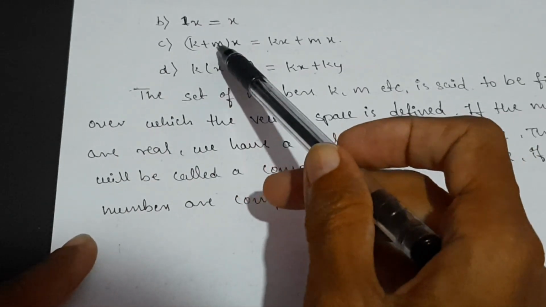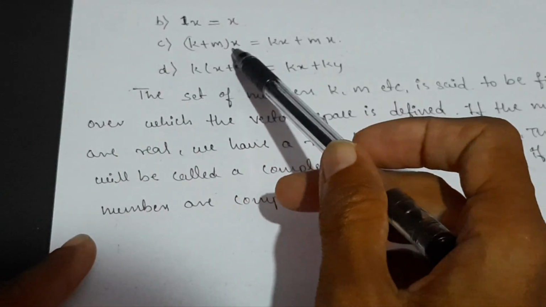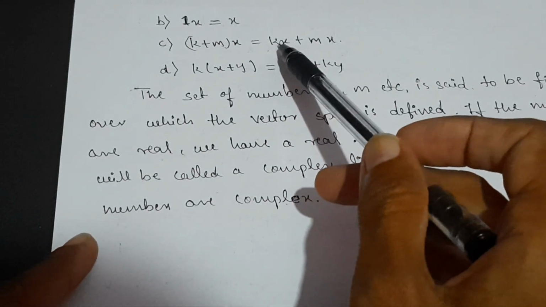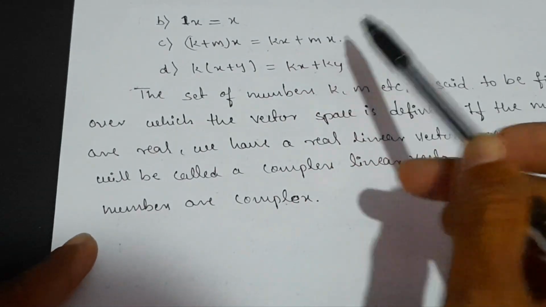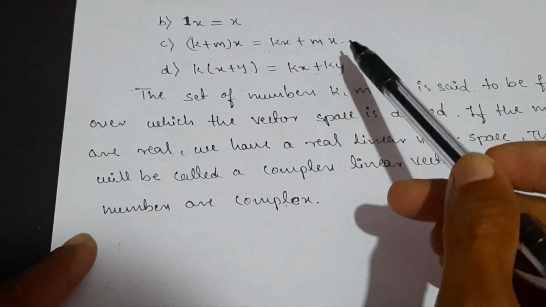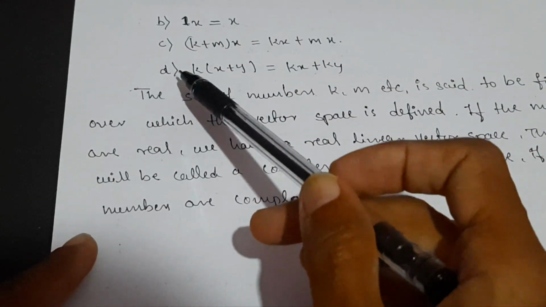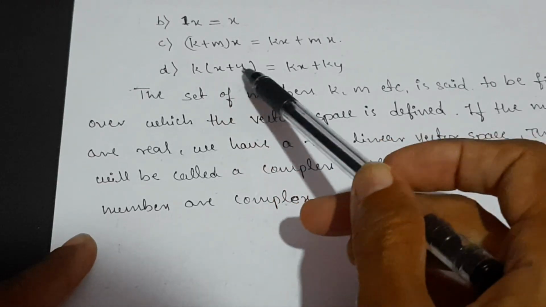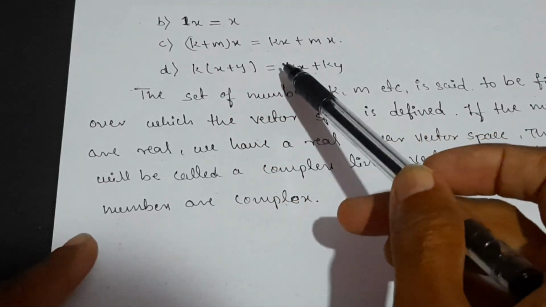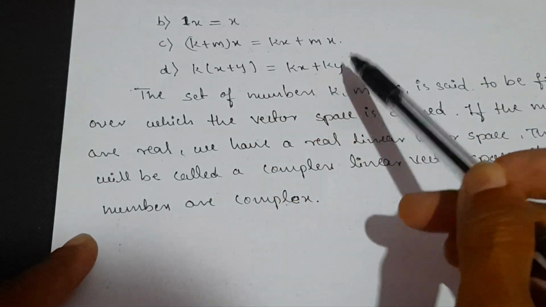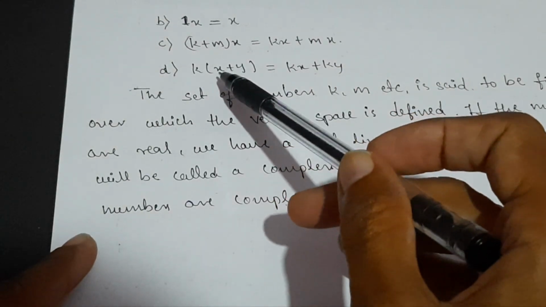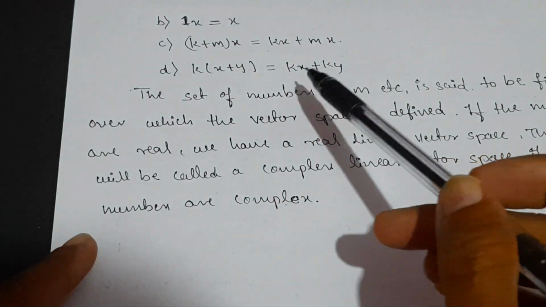If we add two scalars and multiply with a vector, we can write kx plus mx, the distributive law. Fourth rule: we can add two vectors and multiply with a scalar, that is kx plus ky. So these are the rules for scalar multiplication.